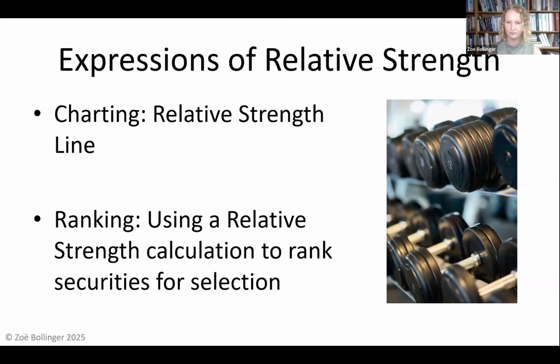Also a really great tool, not exactly the approach that we're going to look at today. We're going to take that ranking approach where we use a relative strength calculation to rank a little universe of stocks that we're looking at as potential investments, and then based on that ranking, make our buy and sell decisions.